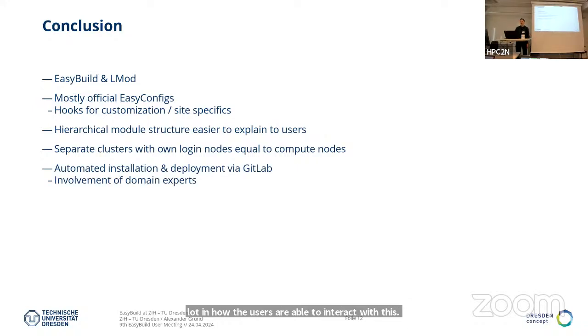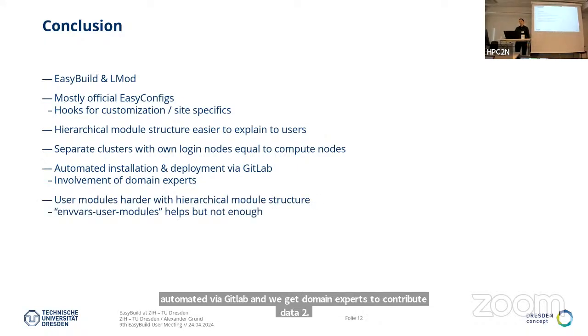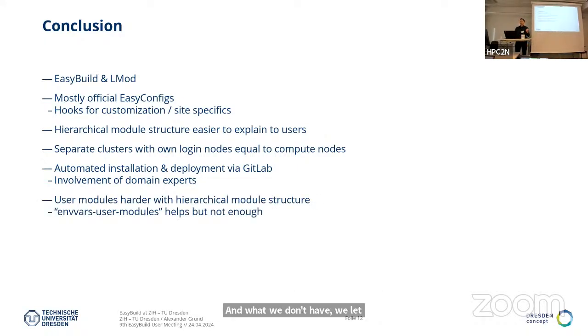Yeah, and as mentioned, everything installing is automated via GitLab, and we get domain experts to contribute there too. And what we don't have, we let the user install. This option I mentioned is actually already quite good, but we want some improvements there and how it uses the core modules.